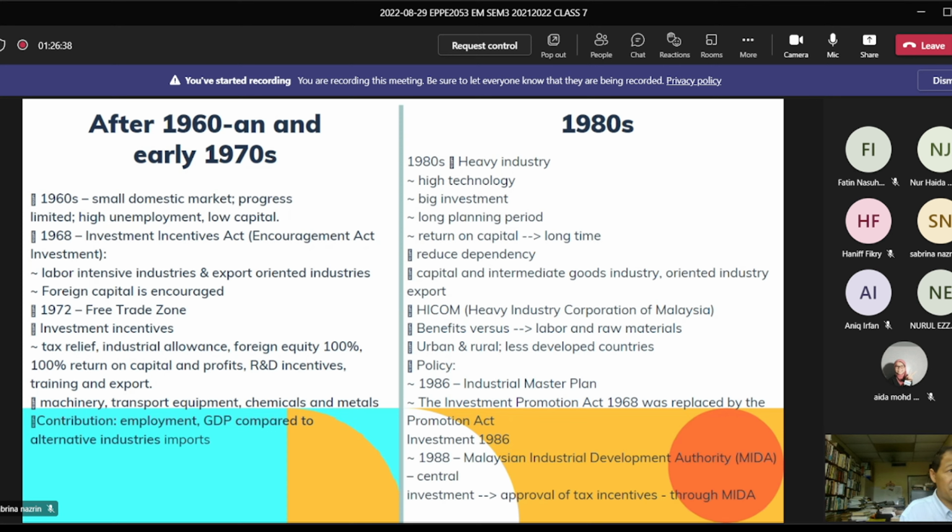I would say it was having rapid industrialization and economic growth from 87, but halted, stopped immediately by the East Asian currency crisis. Otherwise, if there were no East Asian currency crisis, Malaysia could have continued much longer on rapid industrialization and rapid economic growth.